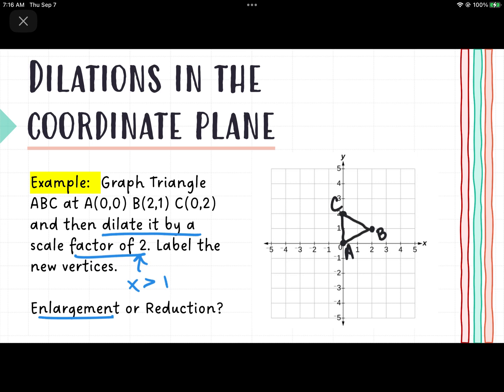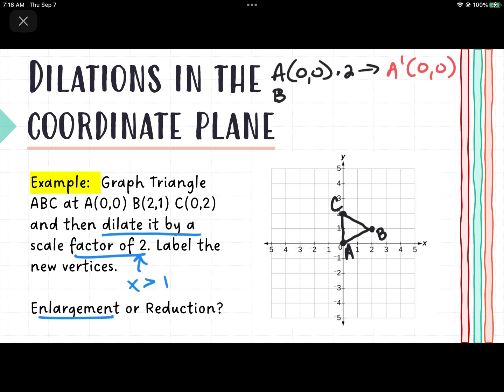Okay. Now we will need to dilate this by a scale factor of 2. And what that means is you multiply every coordinate by 2. So for A, if we have 0, 0, and we're multiplying it by 2, we would have still at A prime now 0, 0.